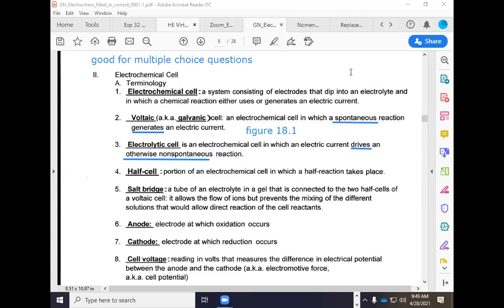If you actually have a textbook, you could pull out your textbook and look at figure 18.1, and it's a galvanic cell. Or if you can pull up your ebook side by side, that would be good.